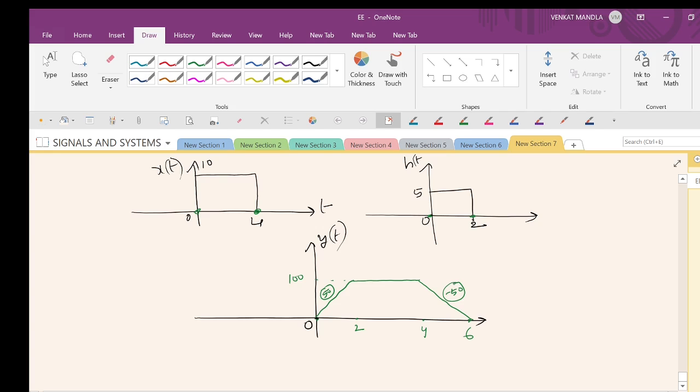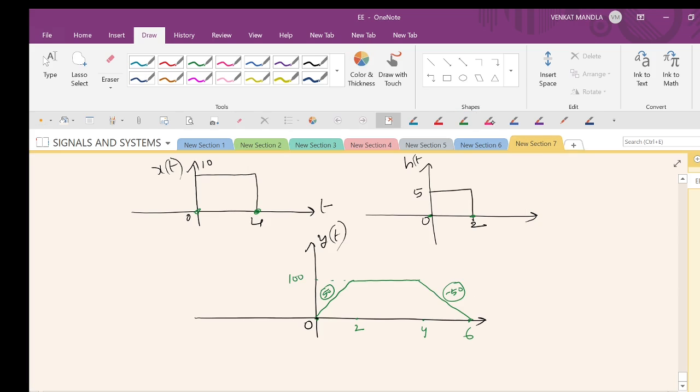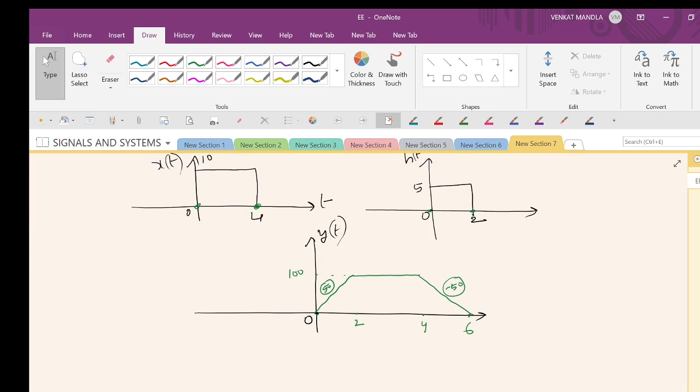So for this, the shortcut is: if these two pulse widths are unequal, then we will get a trapezium.